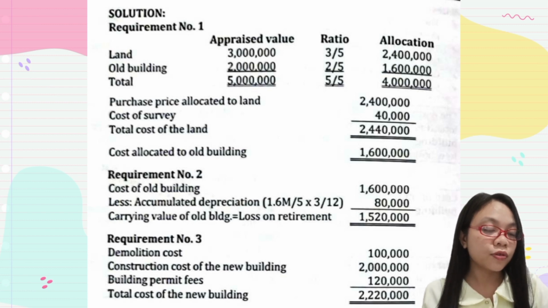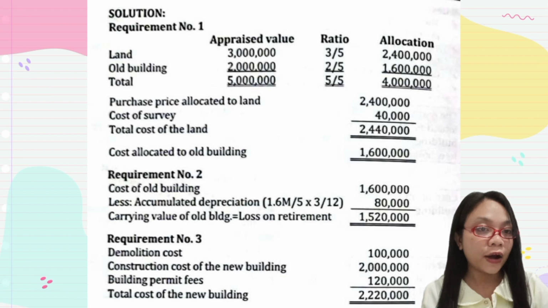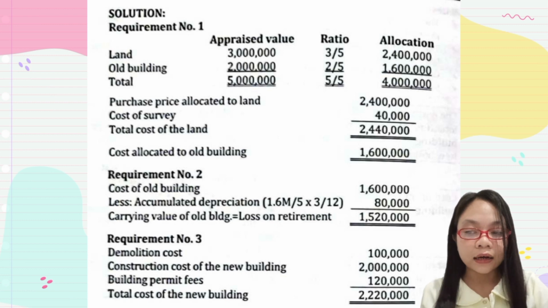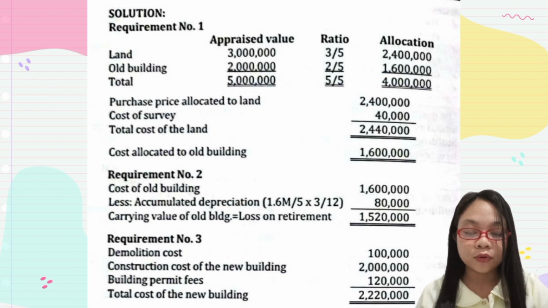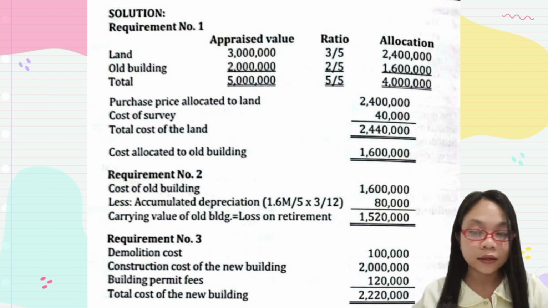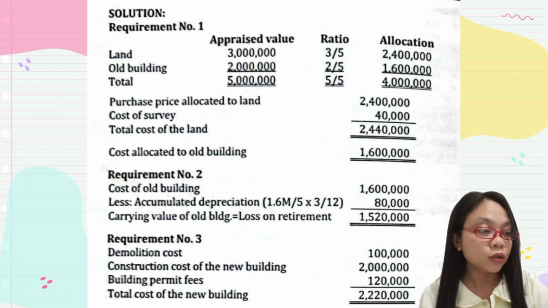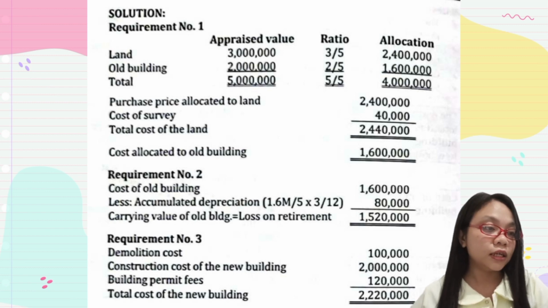For requirement number 3, we will now find the cost of new building. In finding the cost of the new building, if your new building will be used as PPE, you just have to add the construction cost plus demolition cost. Given that the demolition cost is 100,000 and the construction cost of the new building is 2 million.